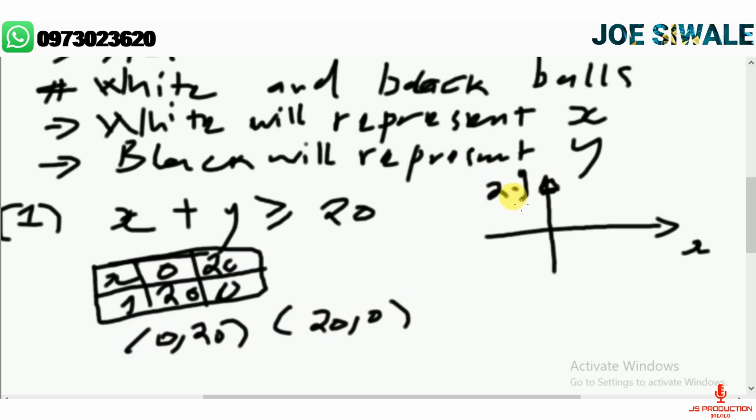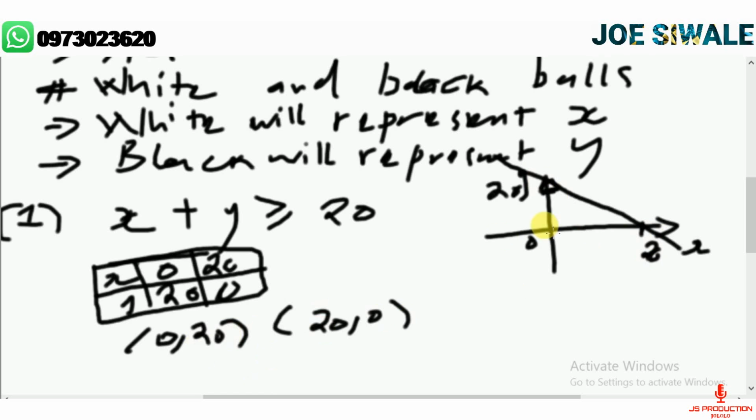So just drawing this roughly, this will be my 20. I also have my 20 here. Then I'll draw a line. Since this is 0,0, for the first one I have 0,20, which is here. Then I also have 20,0, which is here.